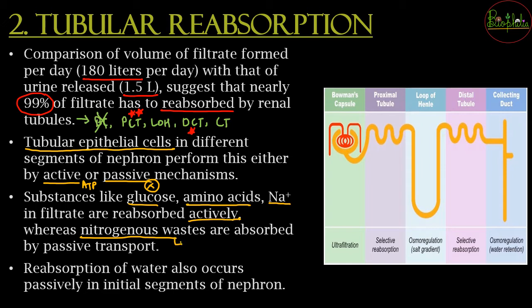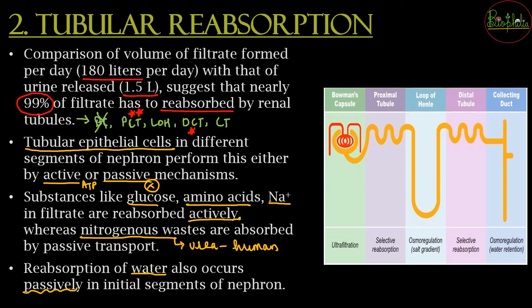For nitrogenous waste, you can think of urea, as in humans urea is the major nitrogenous waste. Reabsorption of water also acts passively in the initial segments of the nephron. Because water and other substances are getting absorbed, the amount of urine formation decreases.